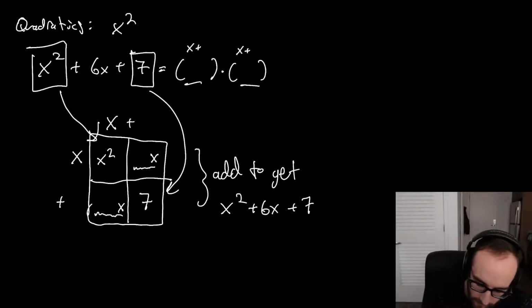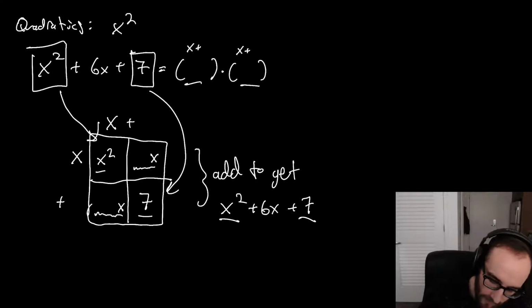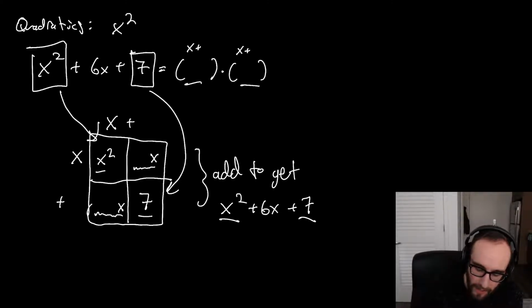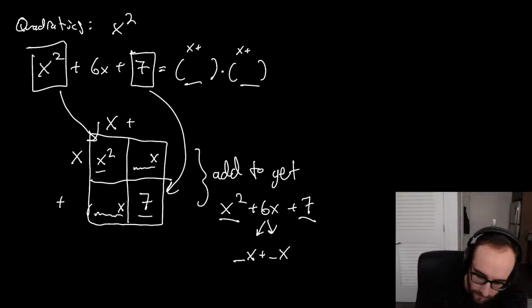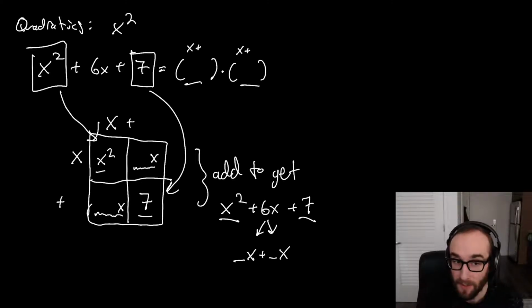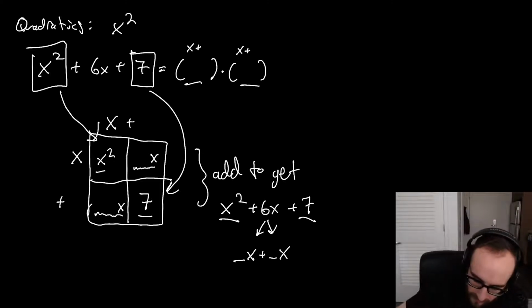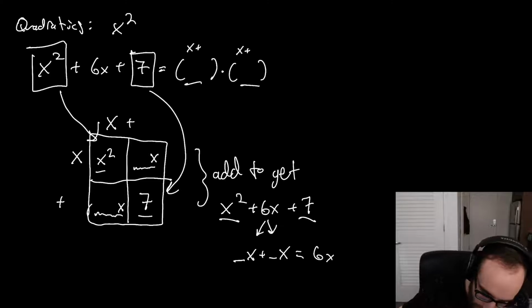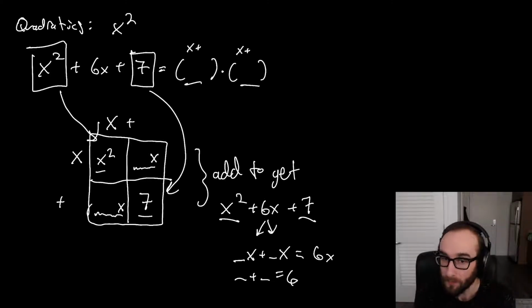So the x squared is the first term, the 7 is the last term, and the 6x can be written as the sum of the two missing blanks. Something x plus something x gives us 6x. So we have two blanks and we're trying to find two blanks that add up to 6x. In other words, two numbers that add to 6.